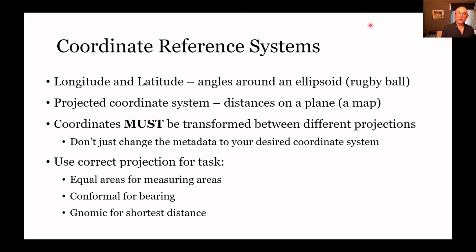Coordinates must be transformed. This is a mathematical process. Just let the computer do it. It's not harder than telling the computer to do it, but you have to do that if you want to go from one coordinate system to another.